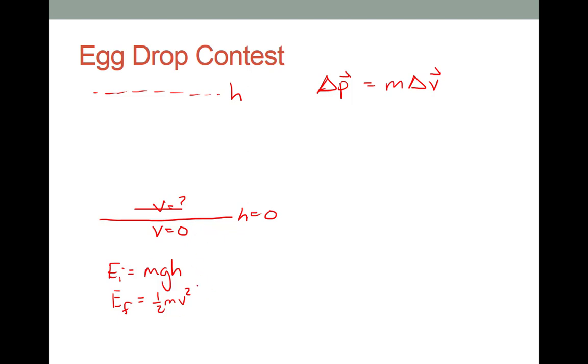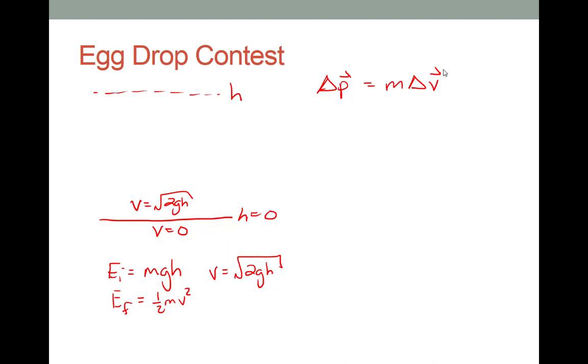Letting initial energy equal final energy gives us v is the square root of 2gh. So the speed right before it hits the ground is going to be given by the square root of 2gh. After it hits the ground, the velocity will be 0. And that's the same regardless of what's going on with the egg.